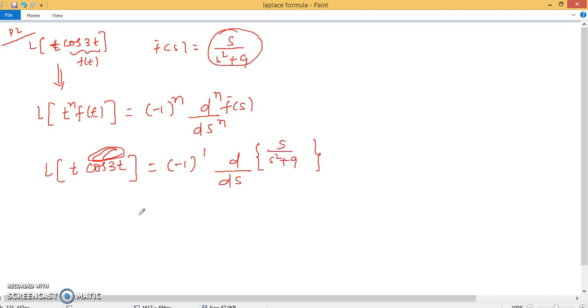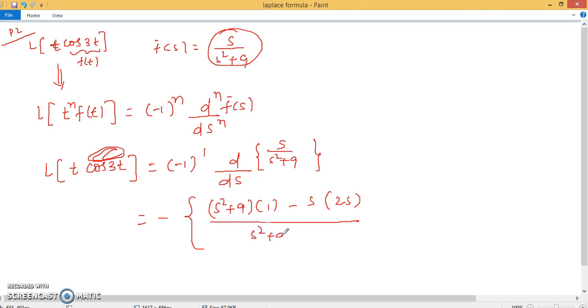So we get minus 1 to the power 1, negative, and here u by v: v into du by ds is 1, minus s, whose differentiation is 2s, divided by s square plus 9 whole square.